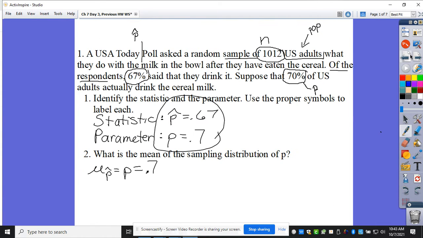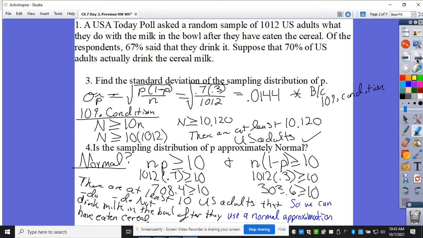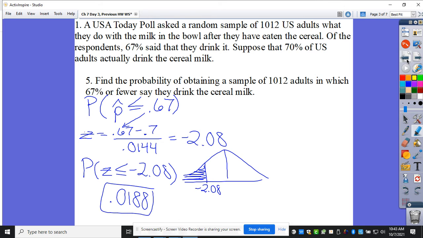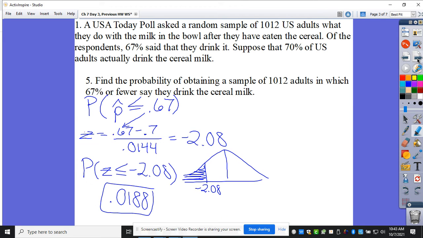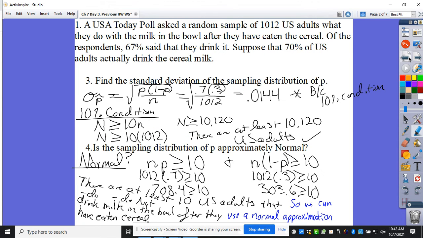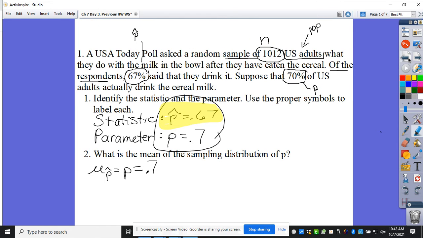But one point that I want to make here. This statistic, in all of this work, where does that number get plugged in? That's the only place that I use that number. I am going to have some people who mixed up when to use 0.67 and when to use 0.7, and they tried to use 0.67 through here or here.